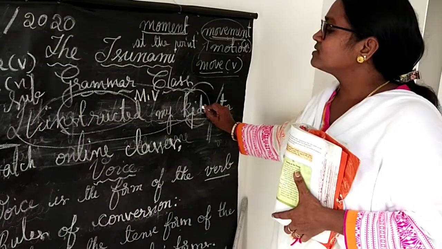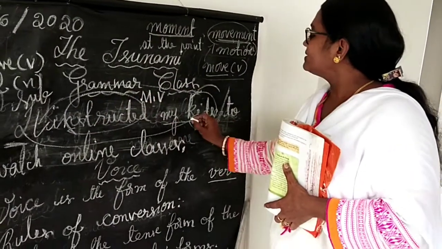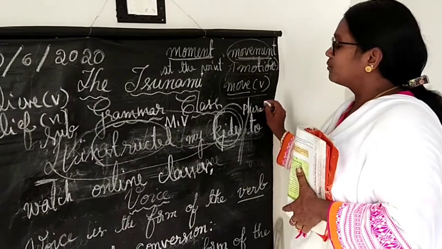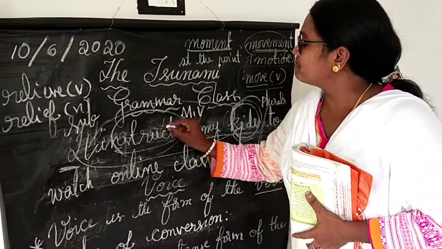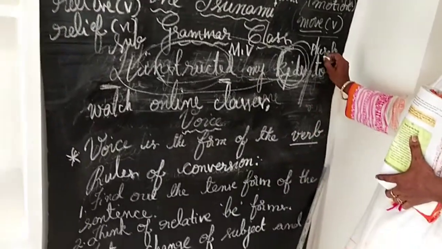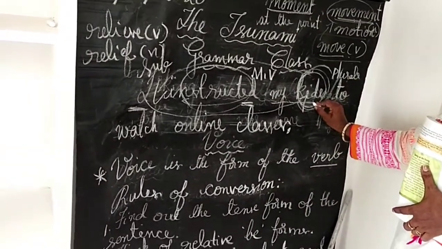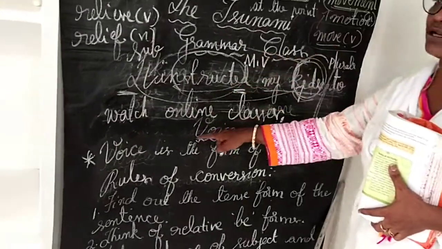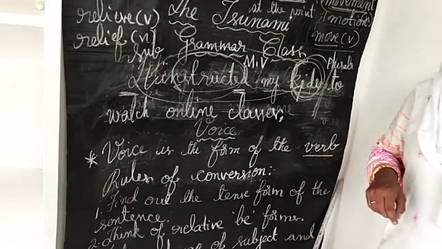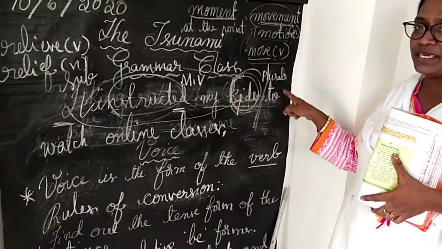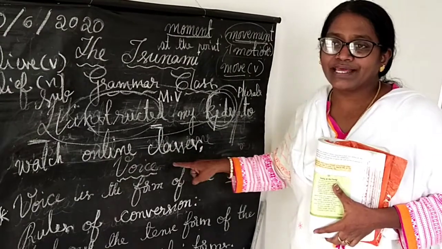Kids were instructed, because kids is a plural noun. The main verb is in past tense. So what should I use? What is the relative be form? Were. My kids were instructed by me to watch online classes. This is passive voice.